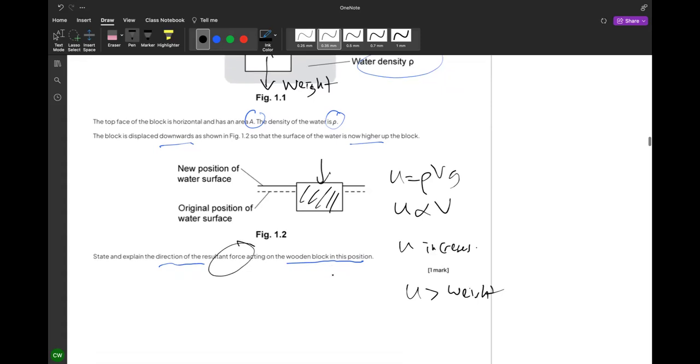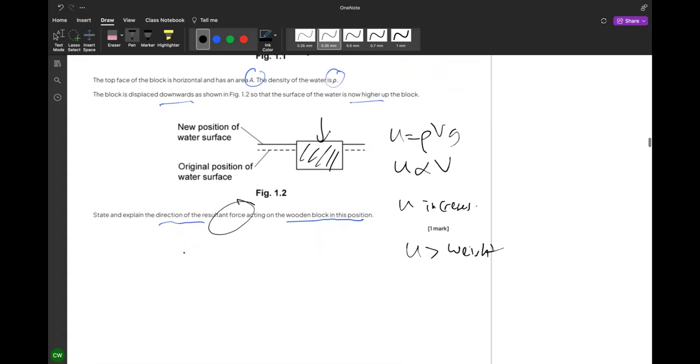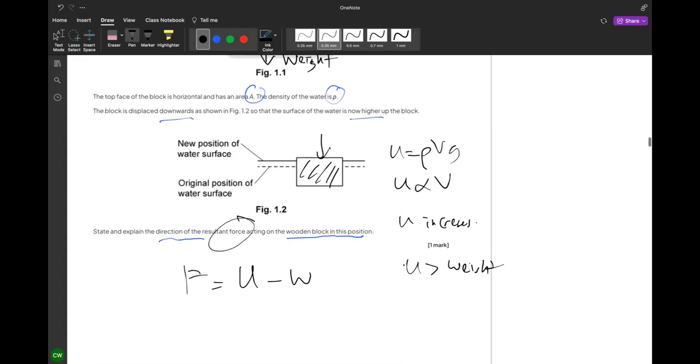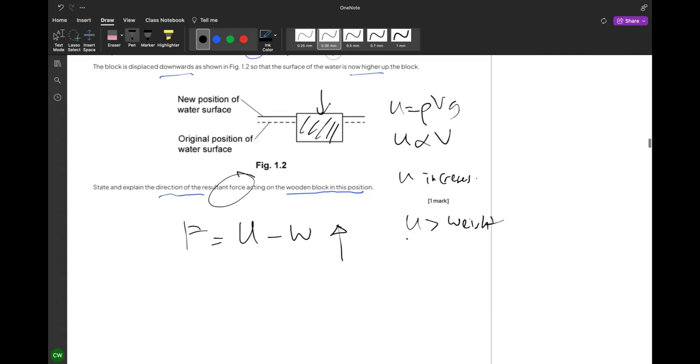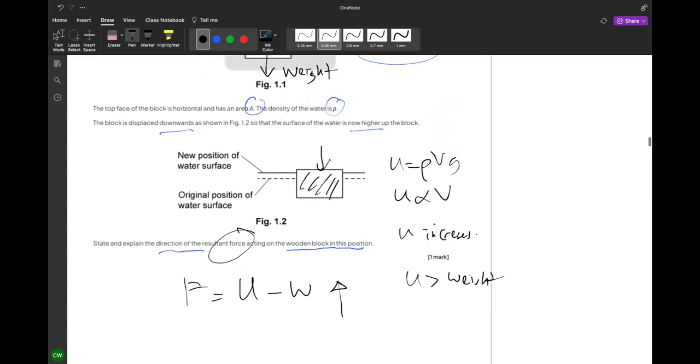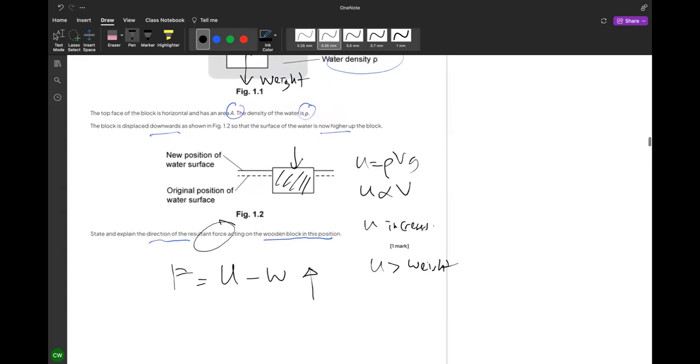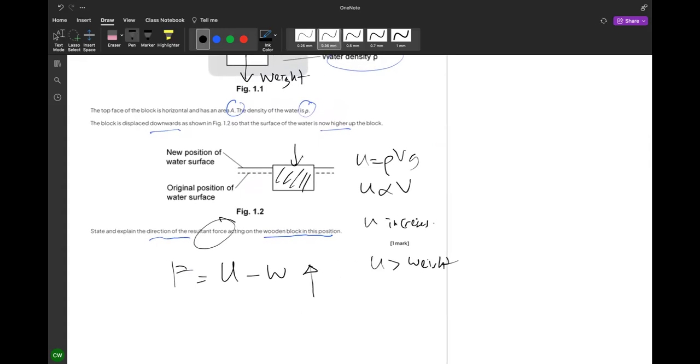Then what is the direction? Resultant force will be U minus W, and then it will cause it to go up. It's upthrust. So resultant force is upwards. Okay, so this is the thing you have to explain. State and explain the resultant force.